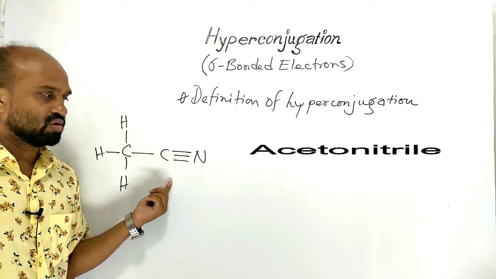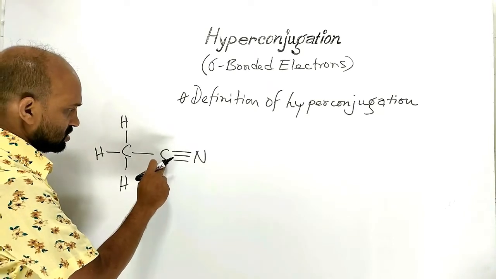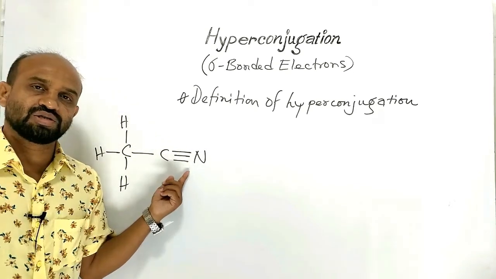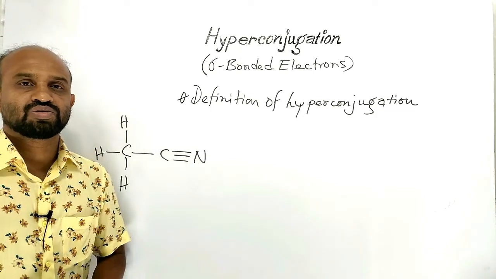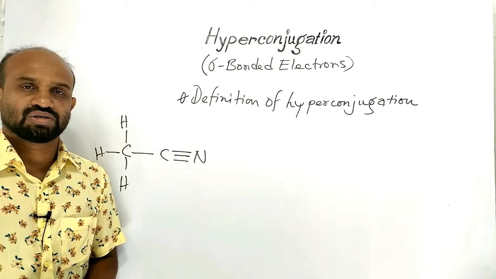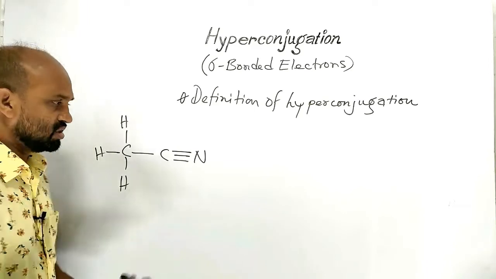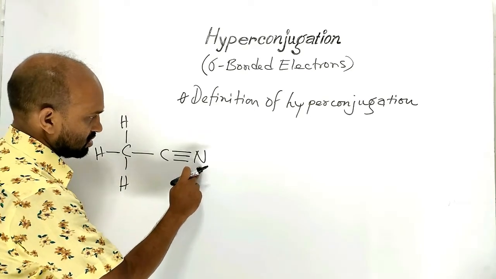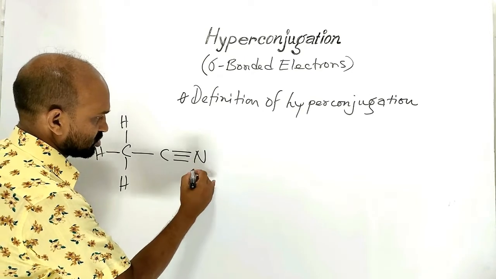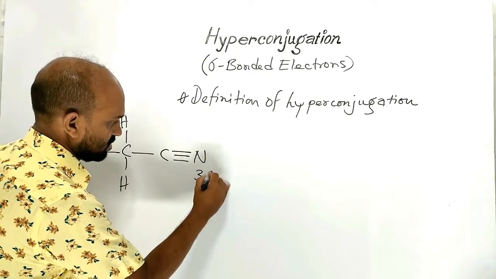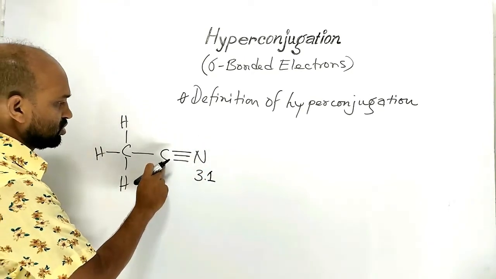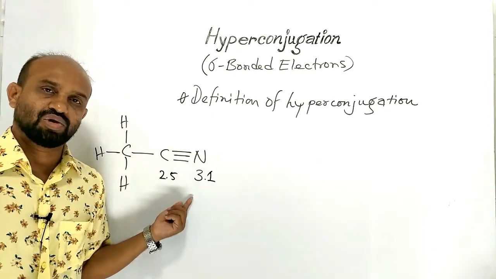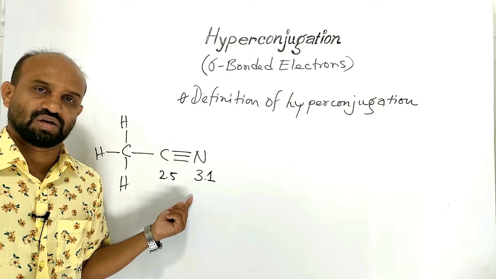In this molecule, the carbon-nitrogen bond has a reason to form resonance structures. What is that reason? The electronegativity of nitrogen is 3.1 and of carbon is 2.5. This is quite a high difference in electronegativity.